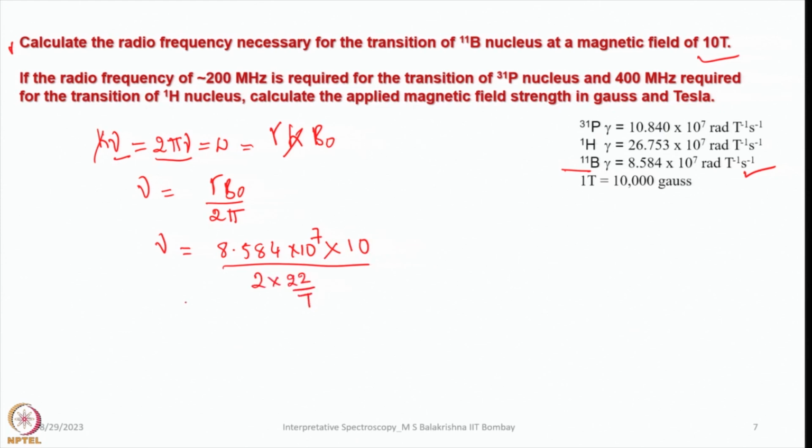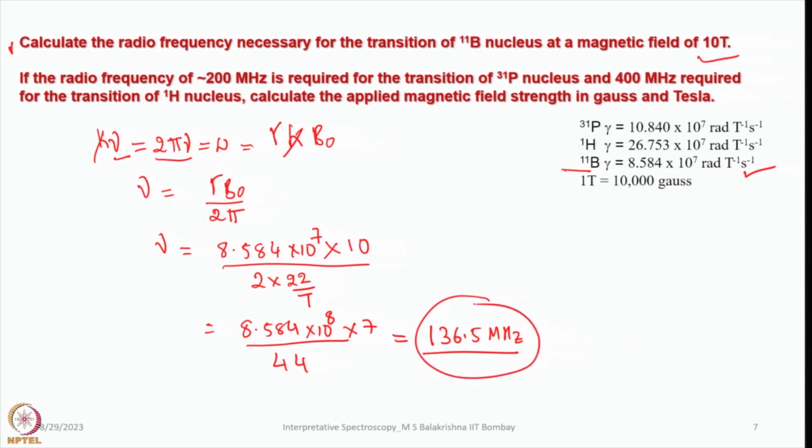If I simplify this, it becomes 8.584 into 10 to the power of 8 into 7 by 44. On simplifying, what you get is 136.5 megahertz. This is the radio frequency necessary for the transition of 11 boron when it is placed in a magnetic field of 10 Tesla.